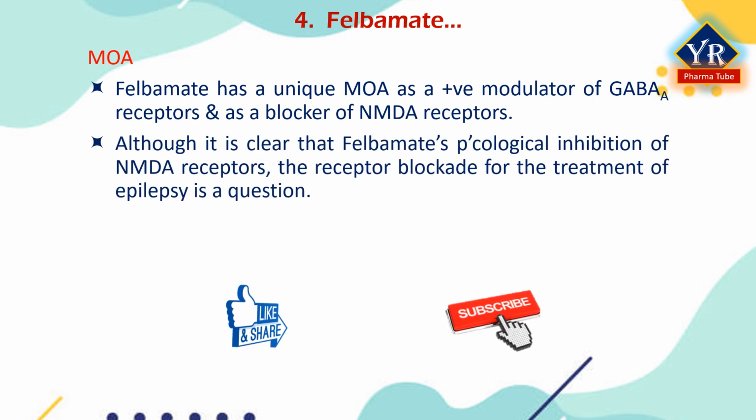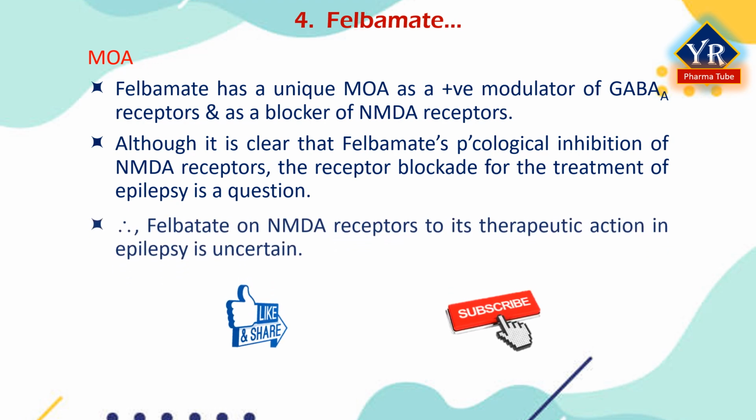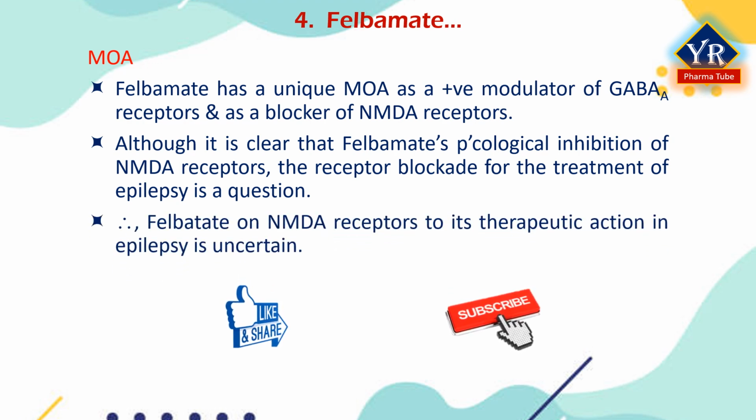Although it is clear that Felbamate does cause pharmacological inhibition of NMDA receptors, the relevance of NMDA receptor blockade as a strategy for the treatment of human epilepsy has been questioned. Therefore, the importance of the effects of Felbamate on NMDA receptors to its therapeutic action in epilepsy is uncertain.